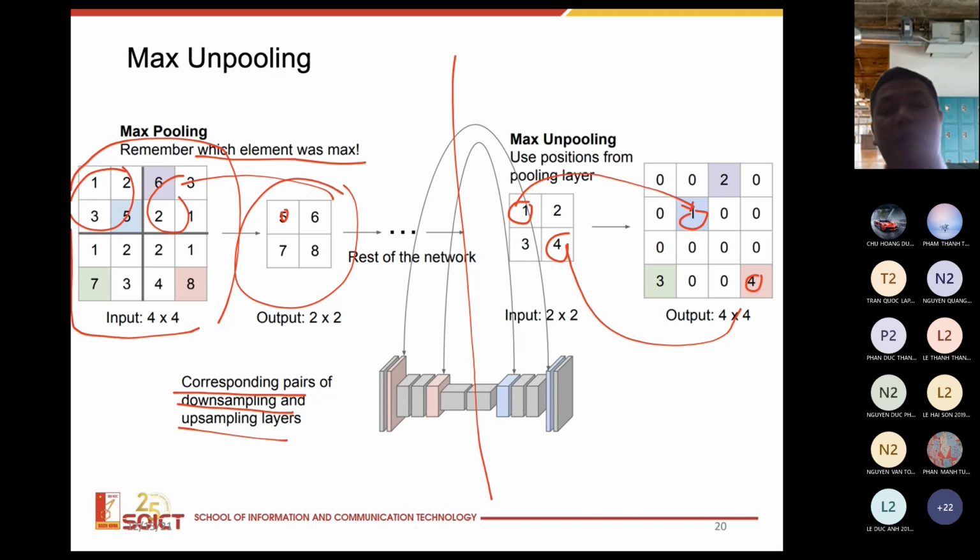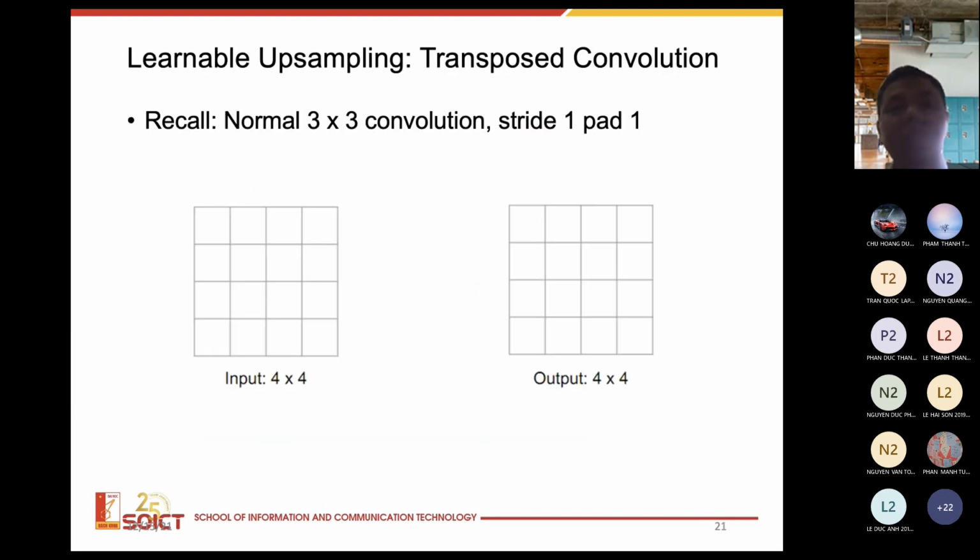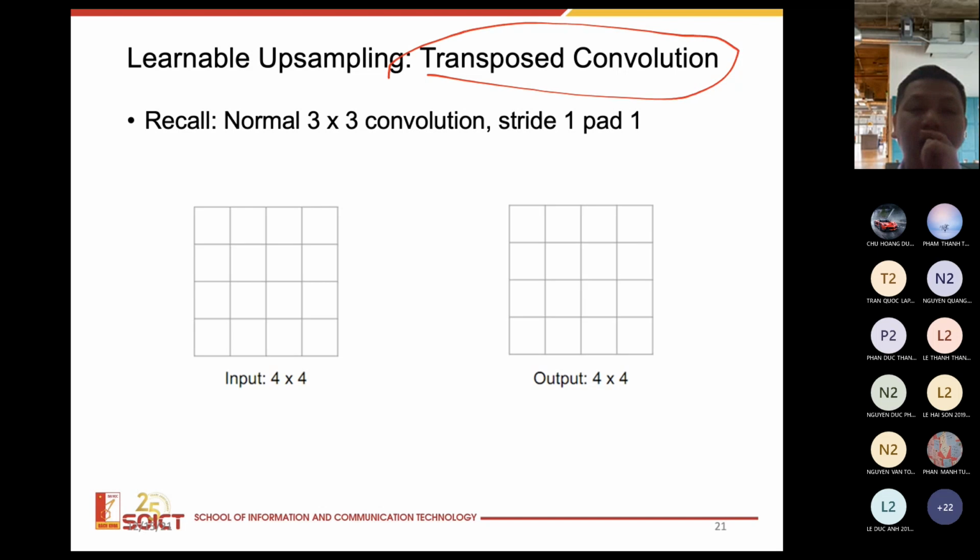So we want an unpooling layer that can have learnable parameters. Here we discuss the transpose convolution, which does upsampling with a learnable parameter.